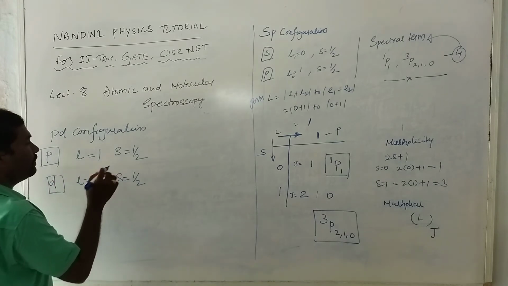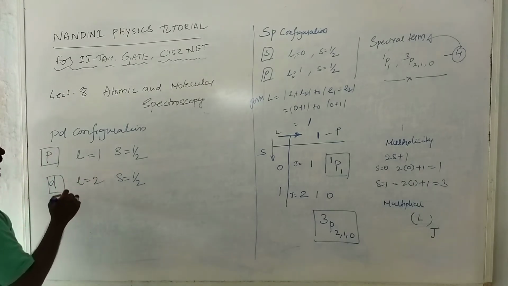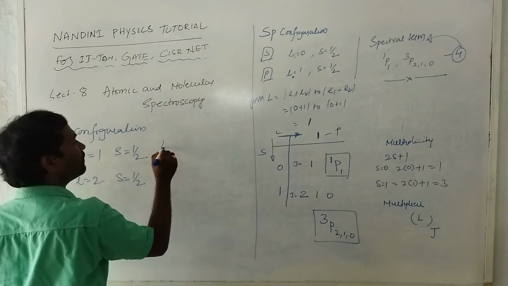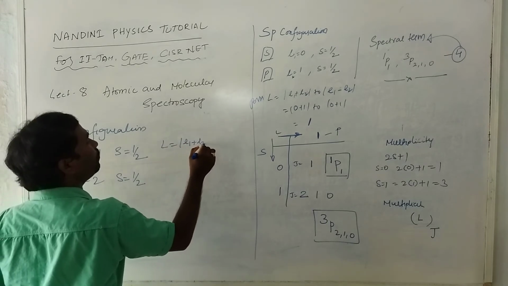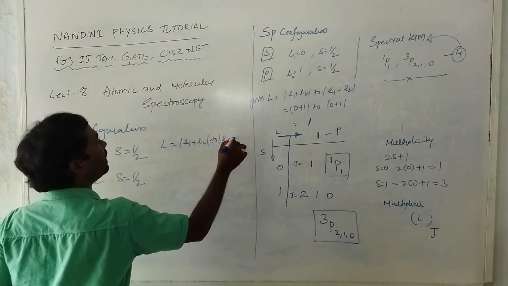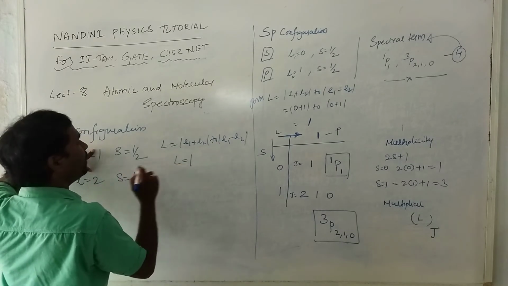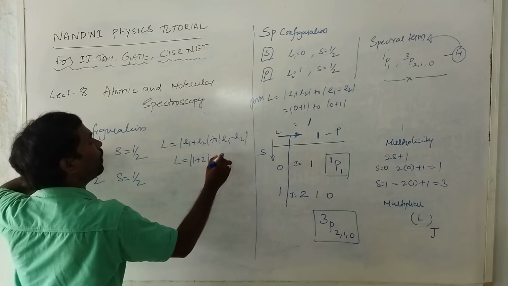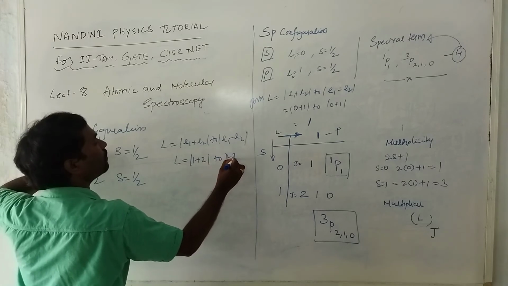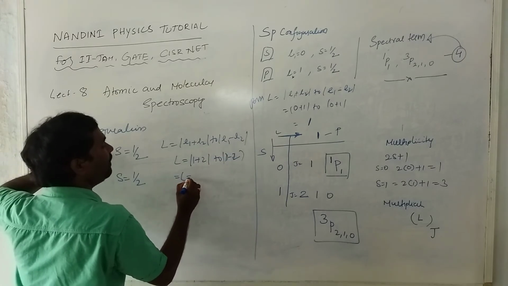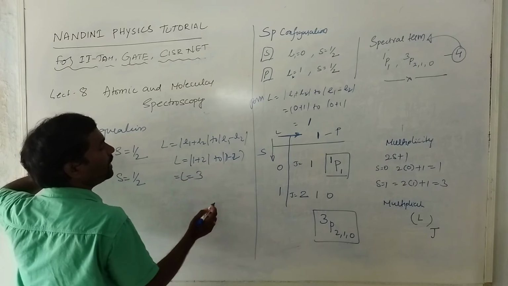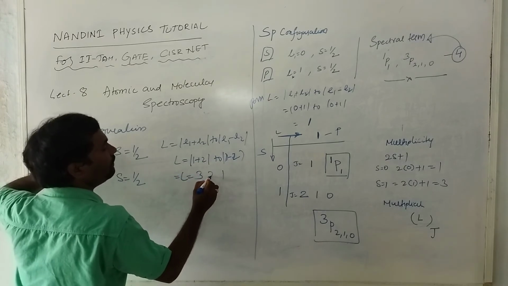So what about L and S? The total angular momentum L is equal to L1 plus L2 down to L1 minus L2. From this equation, L is equal to 1 plus 2 down to 1 minus 2. So this L value is 3, and 1 minus 2 is nothing but 1 only, and in between there is 2.